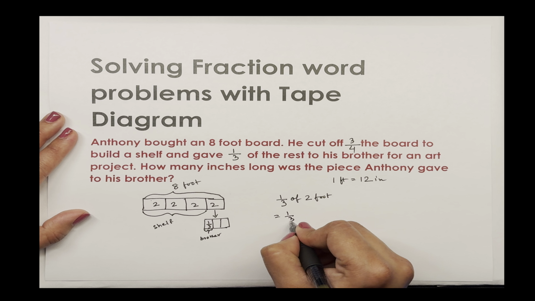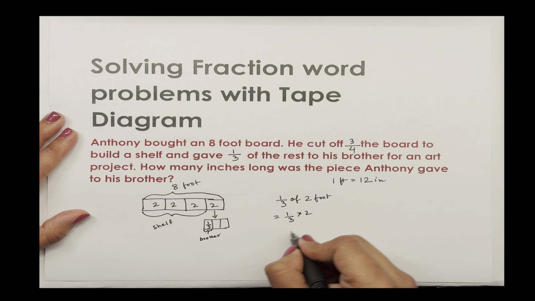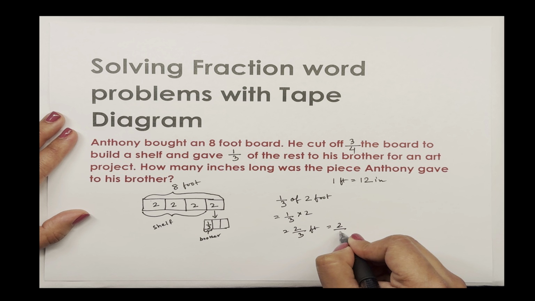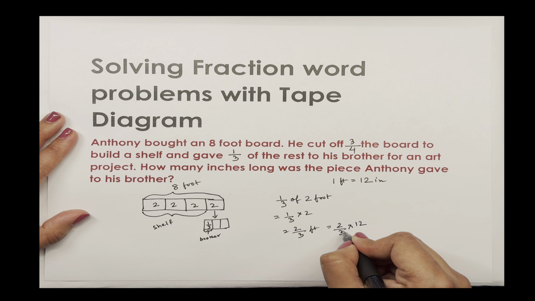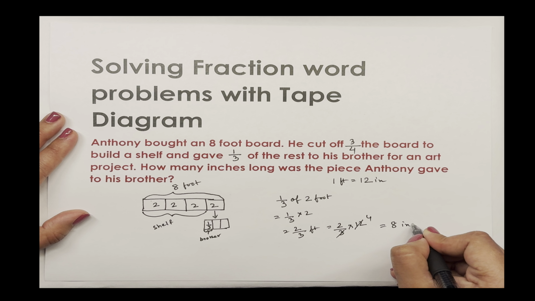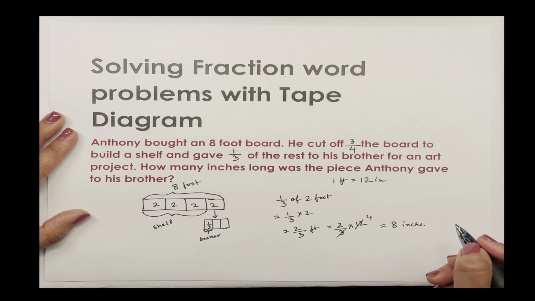So 1/3 of 2 means 2/3 foot. If we multiply by 12, we'll get 8 inches. So Anthony gave 8 inches of the board to his brother.